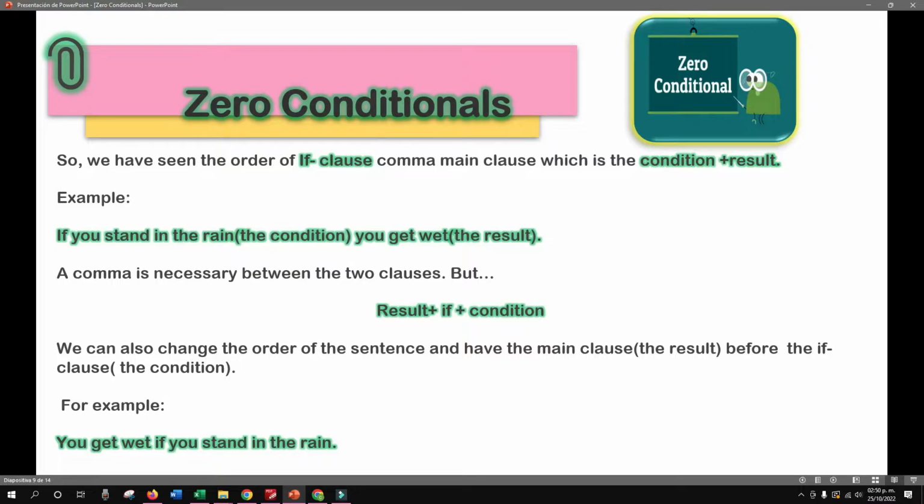We can switch the sentences, but we have to pay attention to this. The comma here, cuando comencemos con if, siempre vamos a colocar coma y luego la main clause o la oración o the result o el resultado, ¿verdad? Si lo hacemos de la forma inversa, primero el resultado, luego la palabra if y la condición, ¿verdad? Aquí no necesitaríamos coma, right?